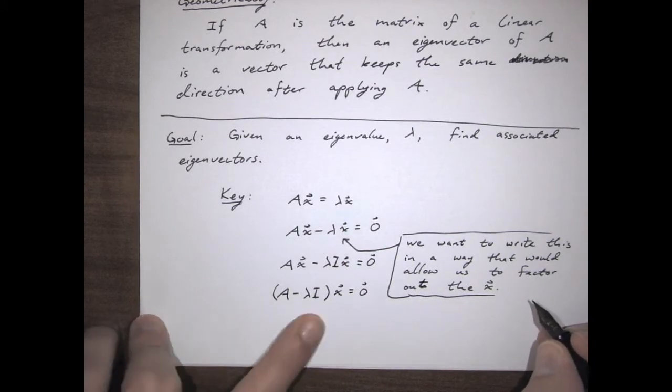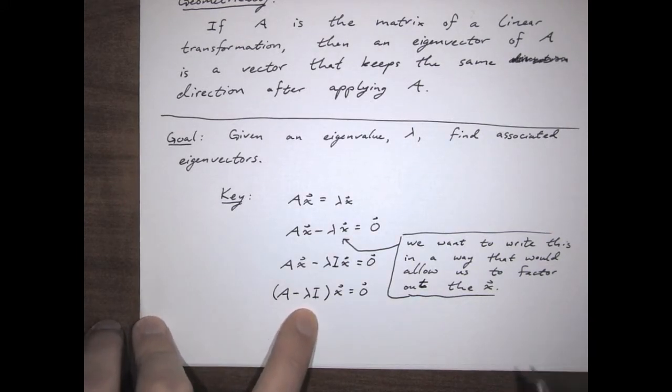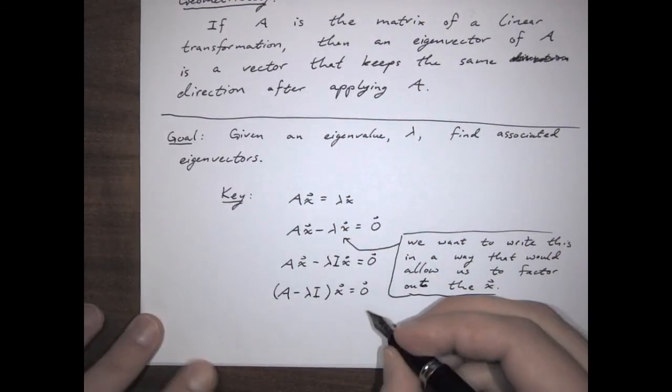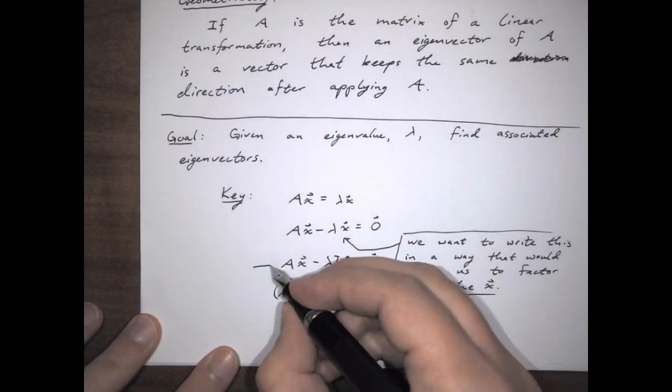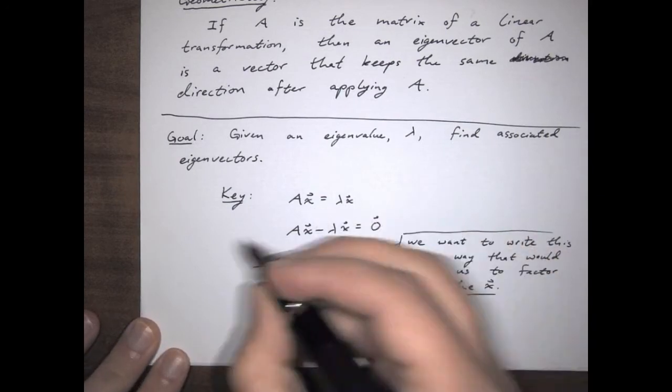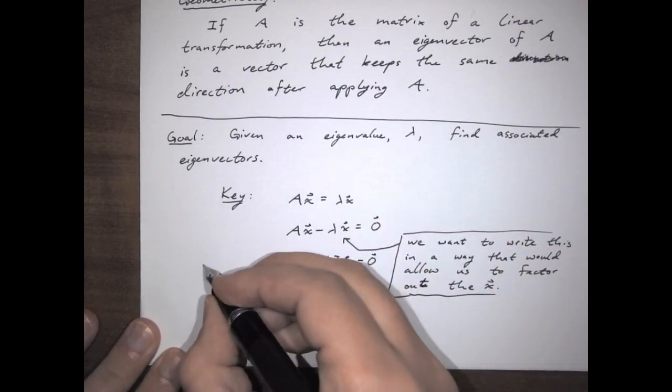So what this represents is a scaling of the identity matrix. And remember, the identity matrix is the one that has ones down the main diagonal. So this is the matrix that just has lambdas on the main diagonal.